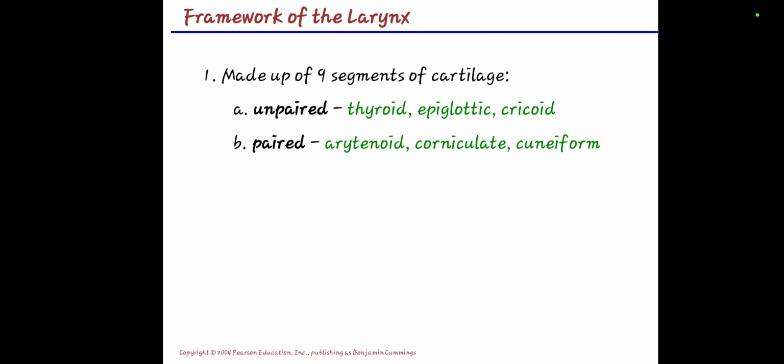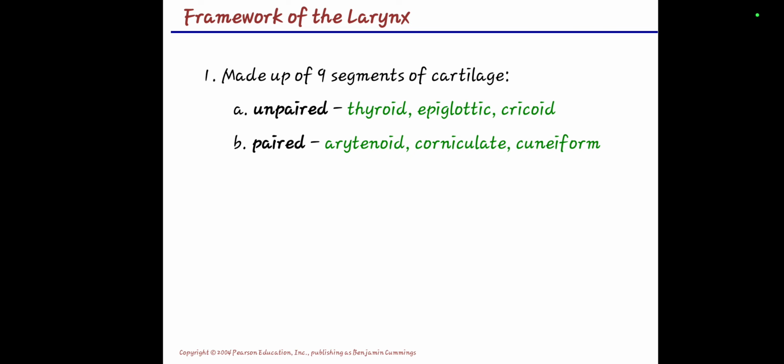Let's move on. These are the framework of the larynx. The larynx is made up of 9 segments of cartilage. Cartilage is a part of the skeleton. We have the unpaired: thyroid, epiglottic, and cricoid. Then we have the paired: arytenoid, corniculate, and cuneiform.